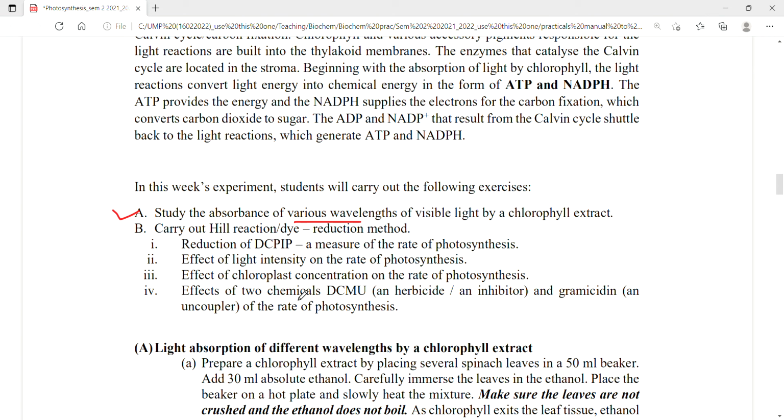Theoretically it's supposed to absorb maximum in the ultraviolet-blue as well as the red region of the wavelength range.